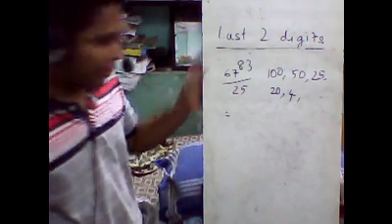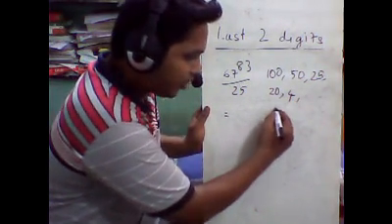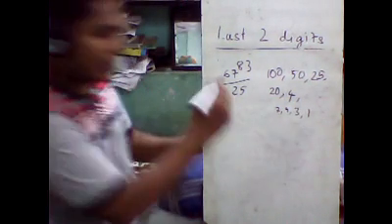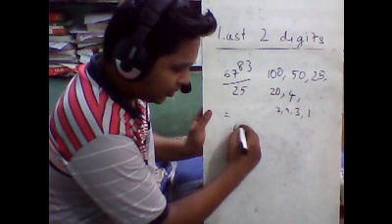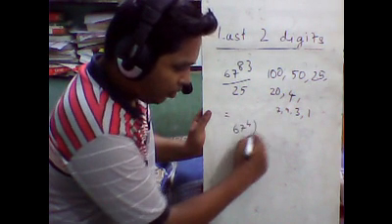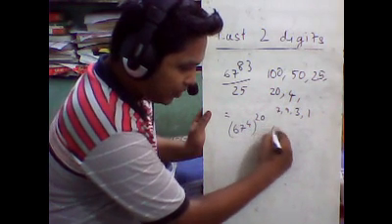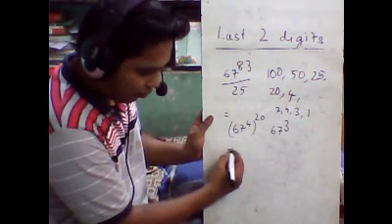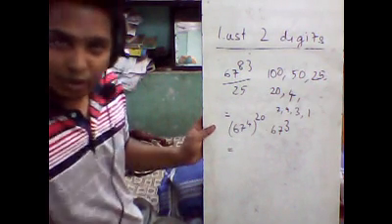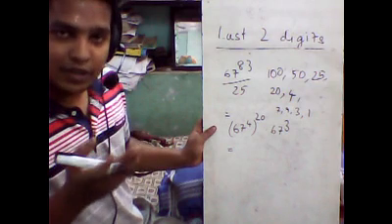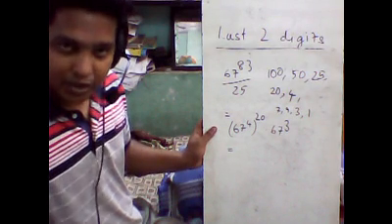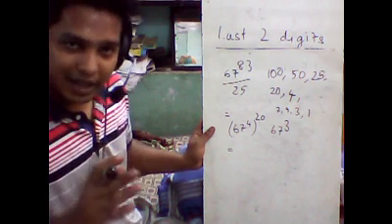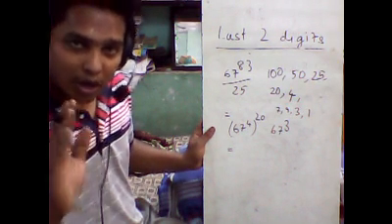Let us take 67 to the power of 83. The power cycle of 7 is 7, 9, 3, 1. 67 to the power of 83 is nothing but 67 to the power of 4, to the power of 20, into 67 cube. 67 to the power of 4 is 67 square into 67 square, which is 17 square into 17 square, which is 89 into 89, which is 11 square, which is 121.